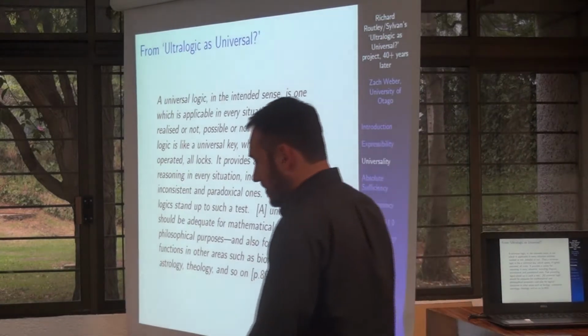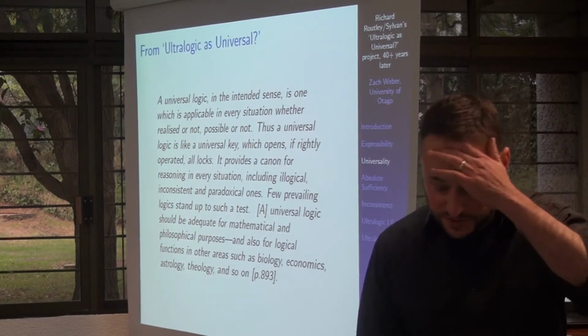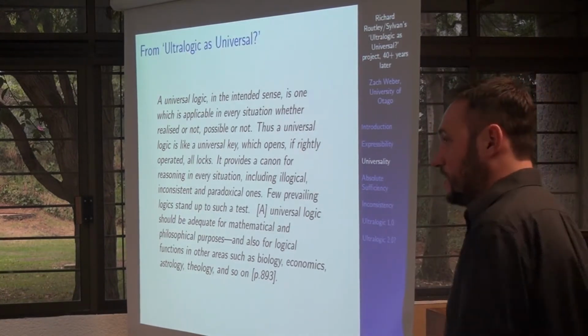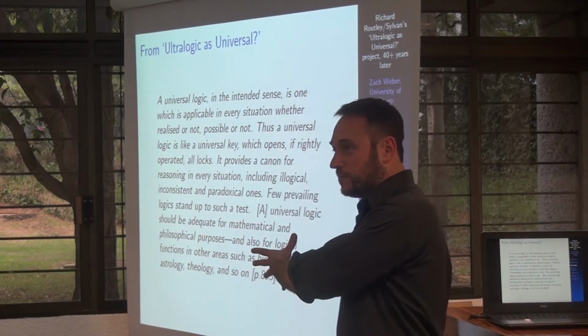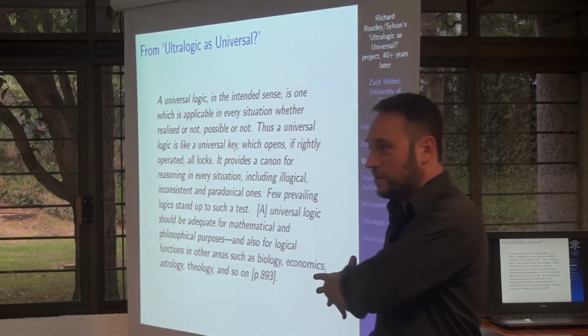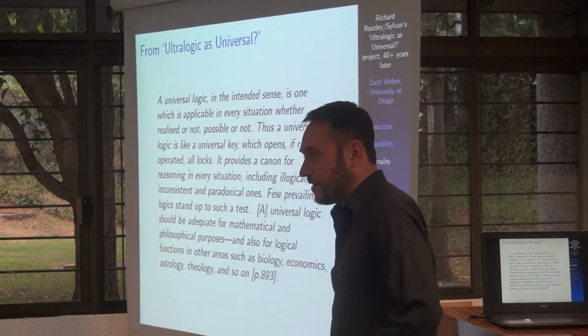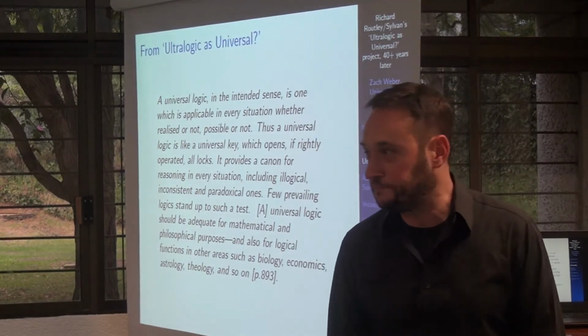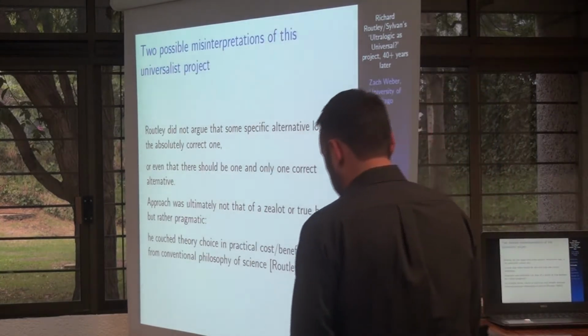He's looking for logic. Like I tell students, what's great about logic is that you don't need to know anything about the world. Logic doesn't care about any accidents. Logic is just about how things work no matter what. So that's what universal logic would be.